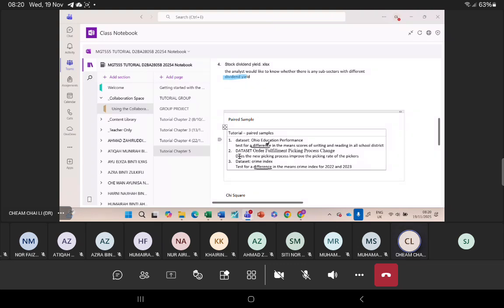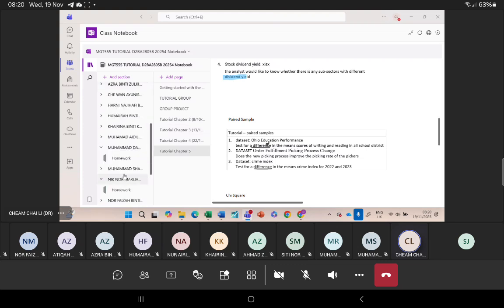But for question number 2, the scenario is like what I gave when we look at the improvement or effectiveness of the slimming course or effectiveness of the tuition class, right? So you cannot put that not equal sign in the alternative hypothesis. So does the new picking process improve the picking rate? Okay, we'll come back to Ismi's answer.